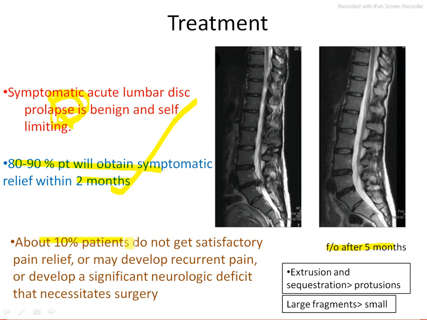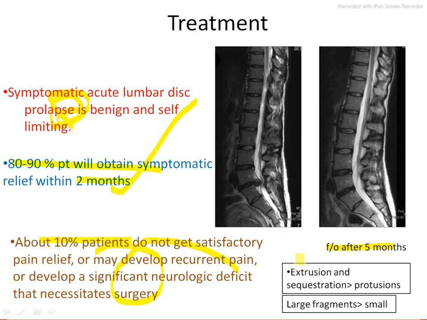But about 10% of the patients do not get satisfactory pain relief or may develop recurrent pain or develop a significant neurological deficit that necessitates surgery, such as Cauda Equina syndrome may precipitate. In these cases, we need to go for surgery. Otherwise, they tend to have a good prognosis by only pharmacological or non-surgical intervention.